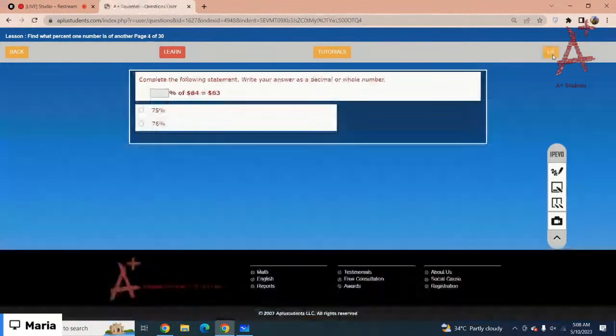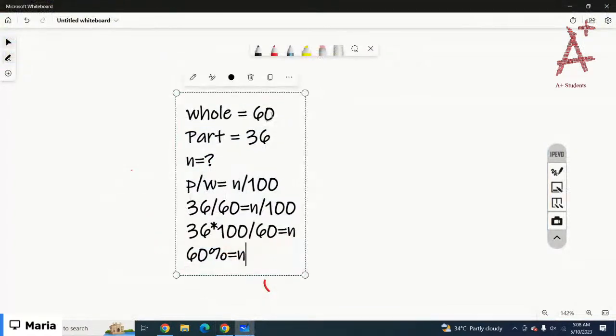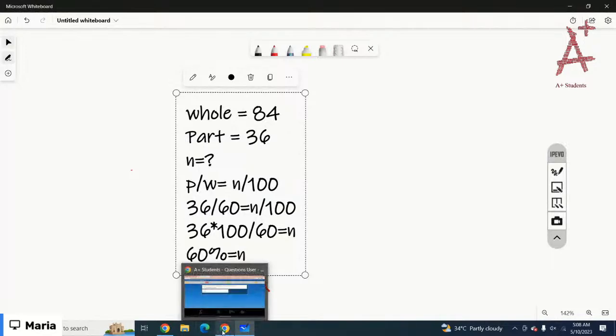Okay, the next one is complete the following statement. Write your answer as decimal or whole number. So what percent of 84 is 63? So whole is 84. Part is 63.